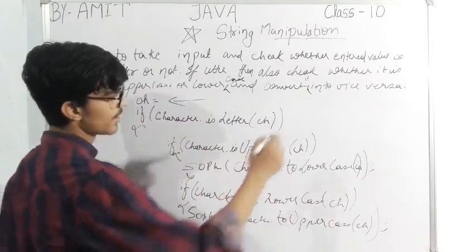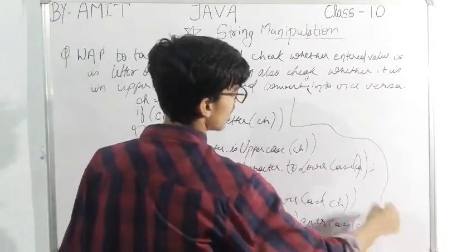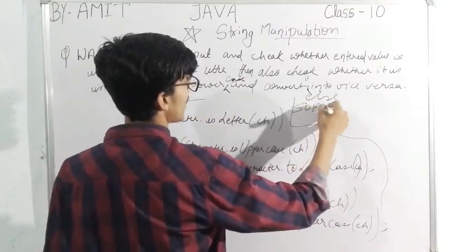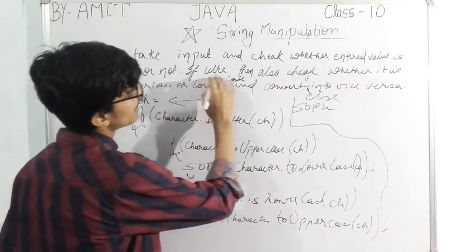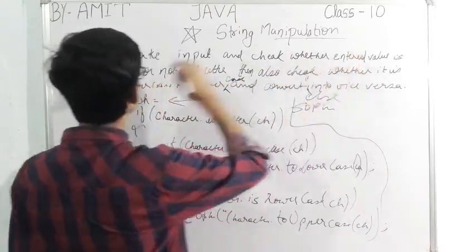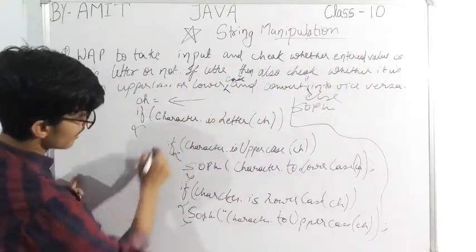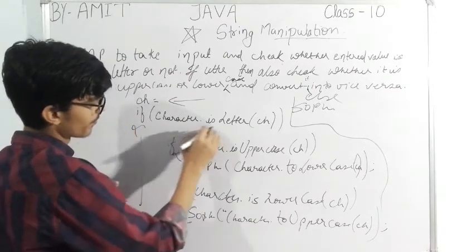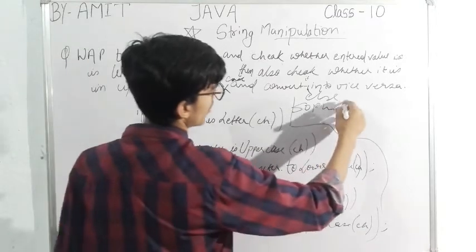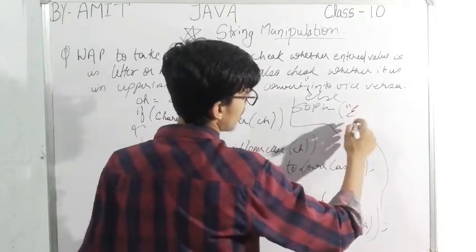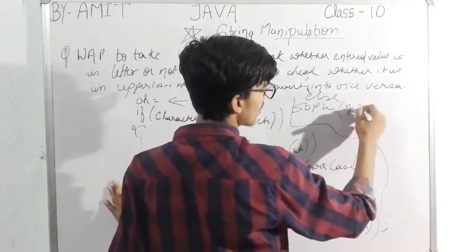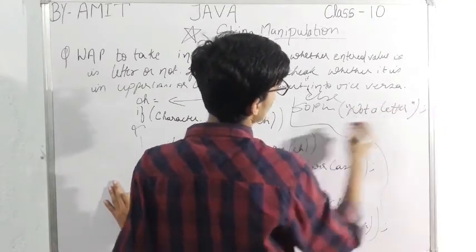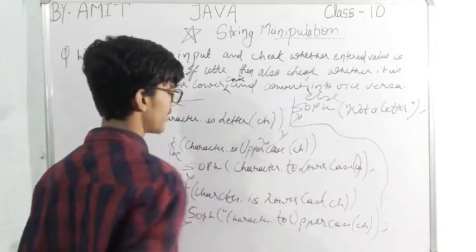and at last what will we write? We will write else, System.out.println, checking whether the entered value is a letter or not. Here we'll close this letter part and we'll write else, not a letter, and we'll close this.